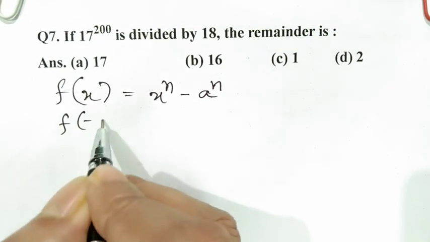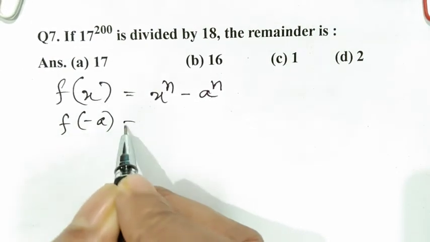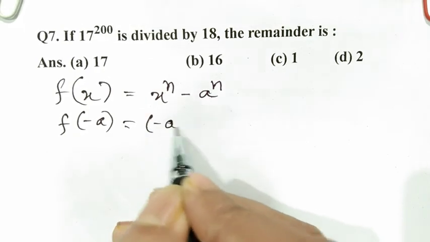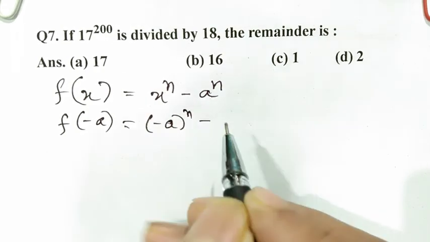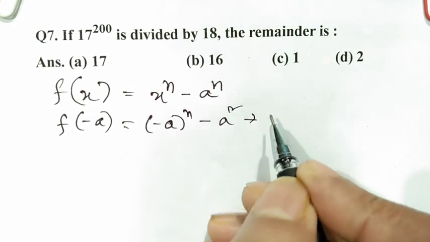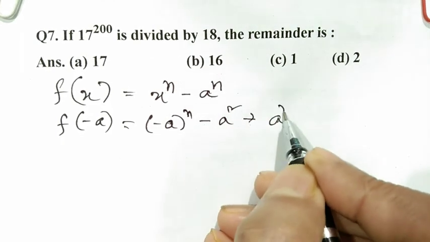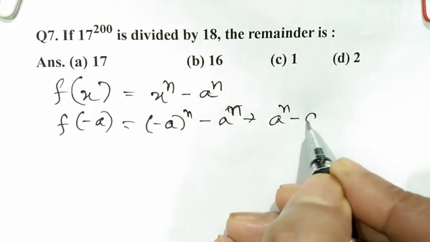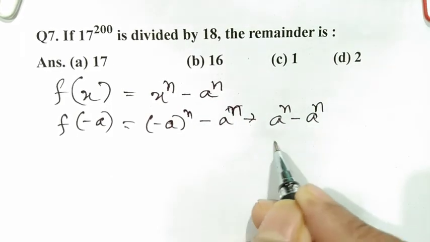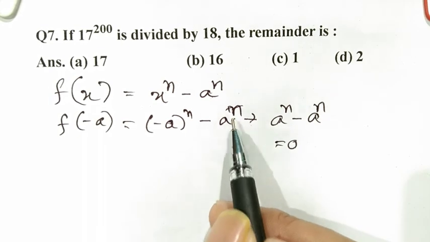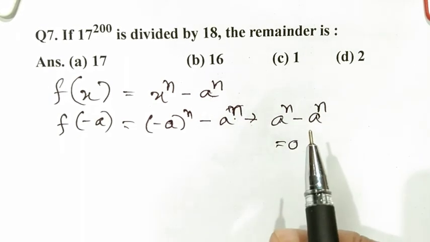Then f(minus a) equals minus a power n minus a power n, then a power n minus a power n equal to 0 when n is even.